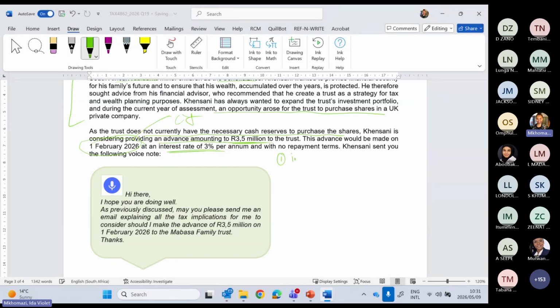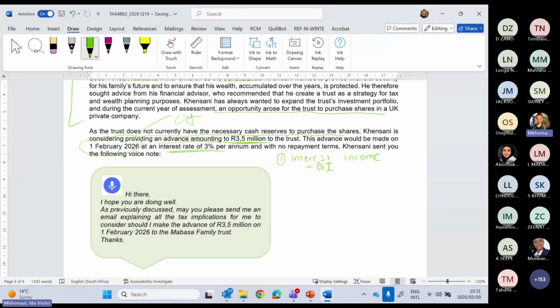So I will speak about interest income as my first item. Kensani is a resident, and remember, we said residents are taxed on worldwide income. So this foreign interest that he's going to receive from this foreign trust would be deemed to accrue to him, and you should include it in his gross income.